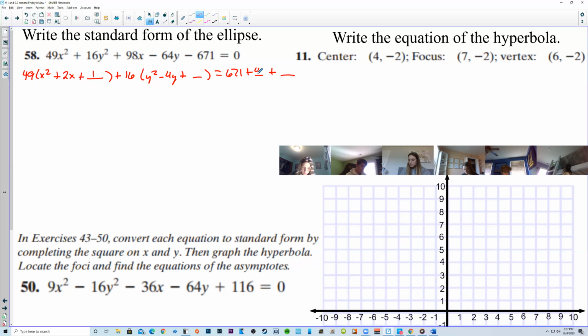So we're going to add 49 to this side. 4 divided by 2 is 2. 2 squared is 4. So we're going to add 64 to this side. And let's get that total.